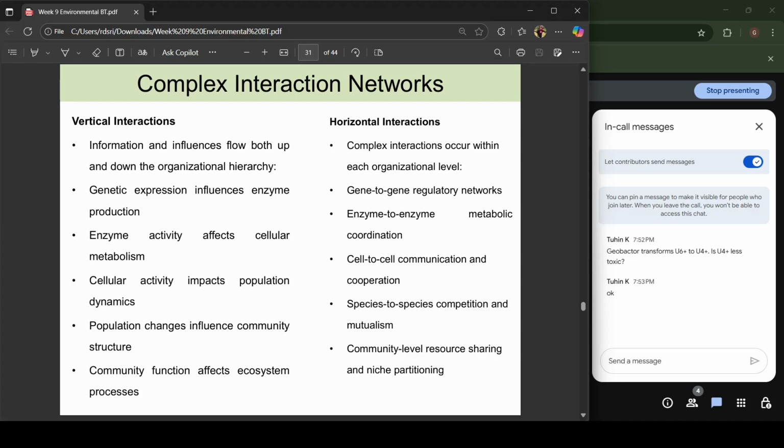So in case of vertical interactions, it gives information and influences both up and down the organizational hierarchy. So we can study genetic expression influences enzyme production. Enzyme activity again affects the cellular metabolism. Cellular activity impacts population dynamics. Population changes influence the community structure, and community function affects the ecosystem.